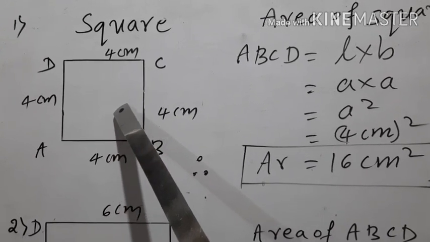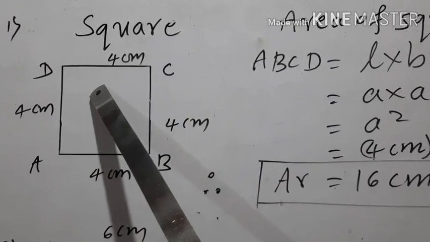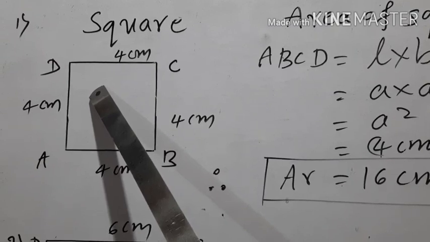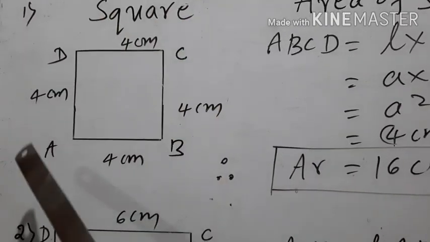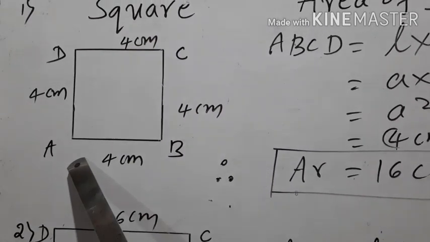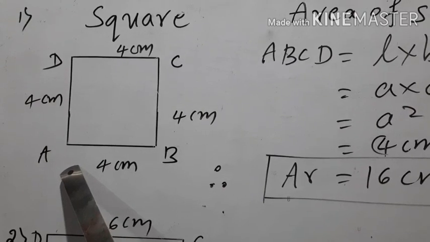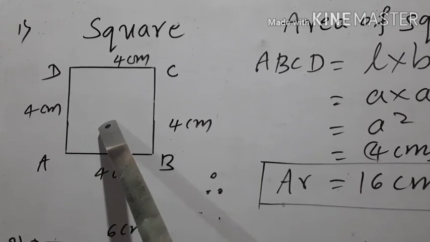If I ask you to find the perimeter of this square, what do we mean? We mean one full round length of an object. Means AB plus BC plus CD plus DA makes one full round length, or the sum of all four sides. That is its perimeter.